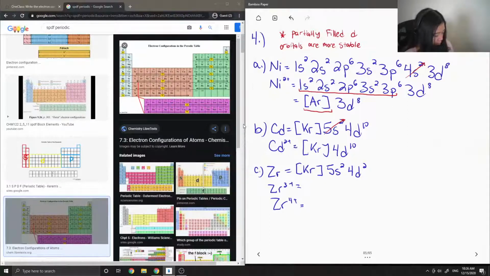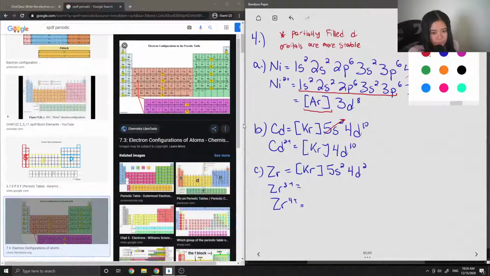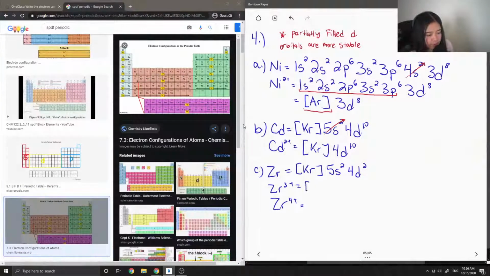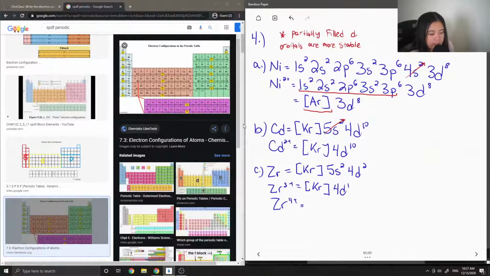Okay, so when we have zirconium 3+, again, I'll take from the s orbital, and if we were to take away 3 electrons, we get an electron configuration of 4d1. For zirconium 4+, if we took away 4 electrons, we would get the same electron configuration as krypton.